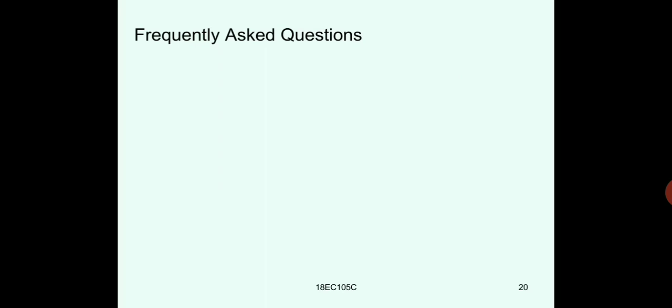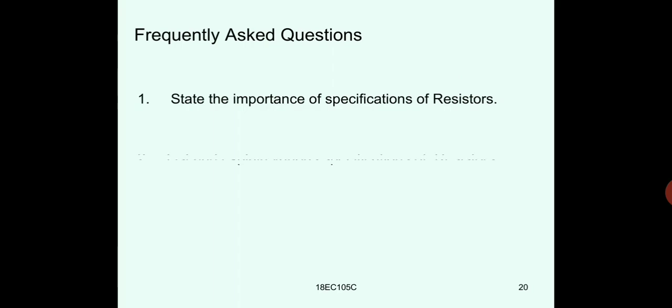Now let us see some frequently asked questions that might appear in an exam depending on the topics we have covered now. The first one is state the importance of specifications of the resistors, why they are important.